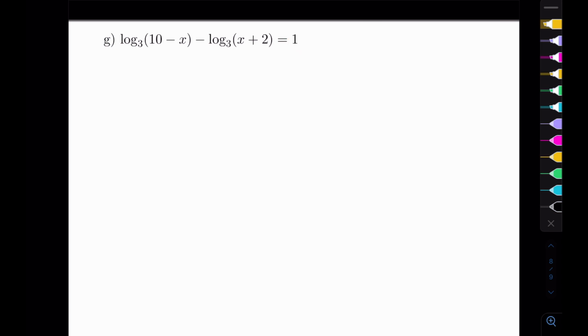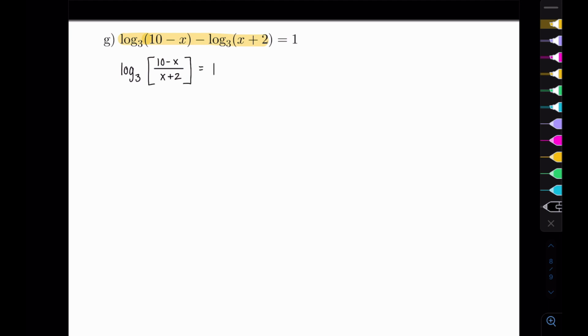But before I can do that, I need a single log on this side. So since we do have subtraction of these two logs, remember subtraction turns to division. So this is the same as log base 3 of 10 minus x over x plus 2 equaling 1. Okay?